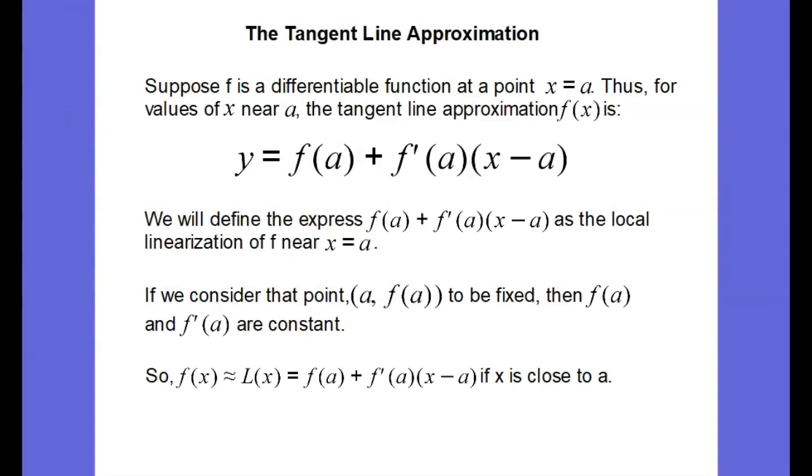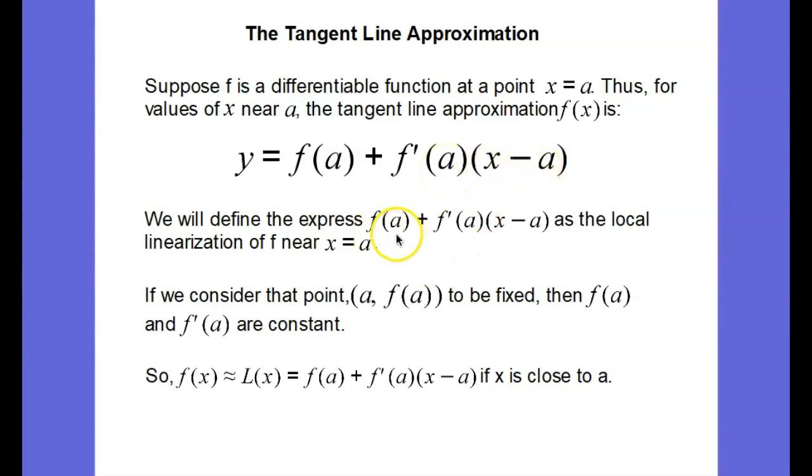So one more time, suppose f is a differentiable function at a point x equals a, then for values of x that are near a, our tangent line approximation, f of x, that's a y value, is given by y equals f of x is equal to f of a, that's the y value corresponding to x equals a, plus f prime of a times quantity x minus a.